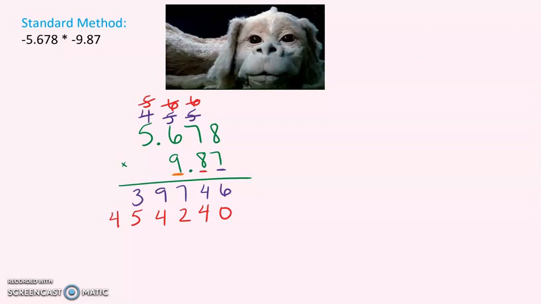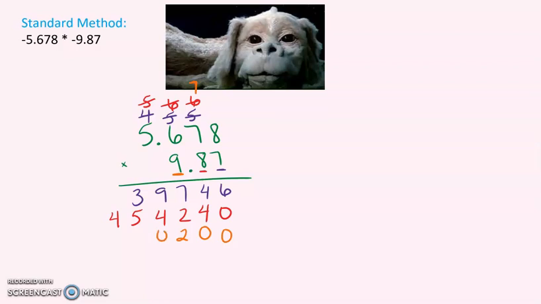And now I'm going to take everything and multiply it by this 9. So I've moved 2 spaces over from my starting point, so I need 2 zeros to hold its place. Now I have 9 times 8 is 72. So I'm going to bring down the 2, carry a 7. I have 9 times 7 is 63.